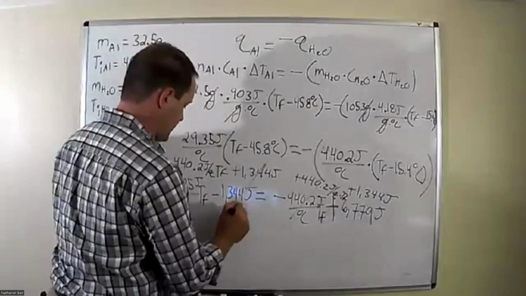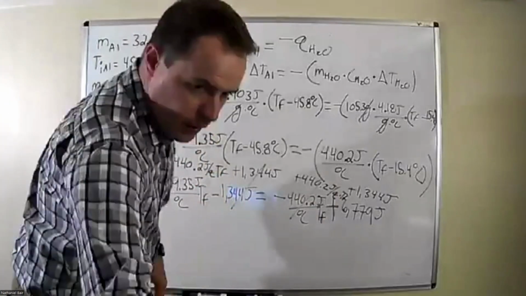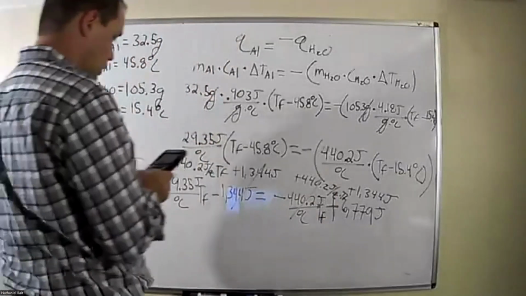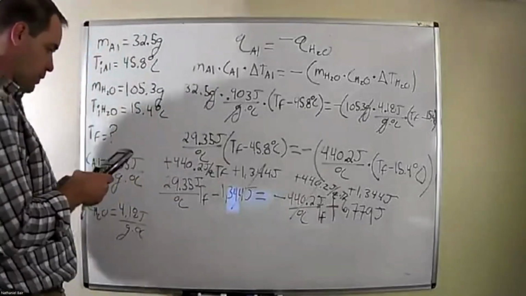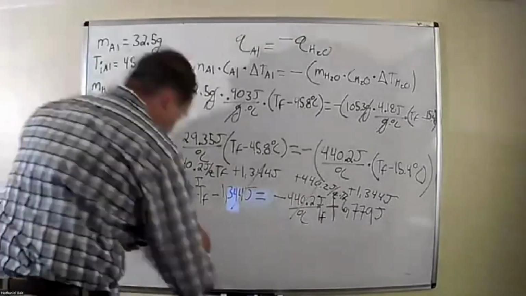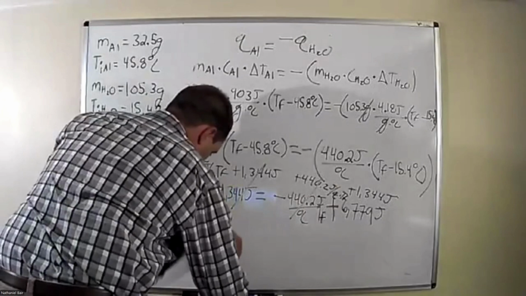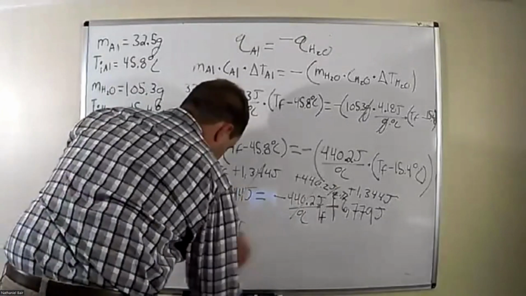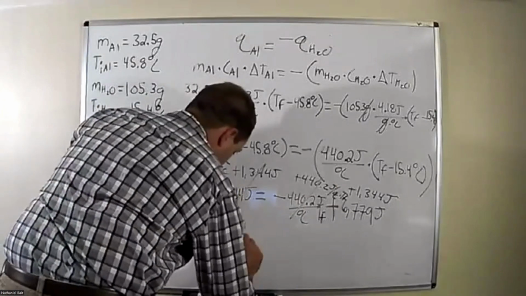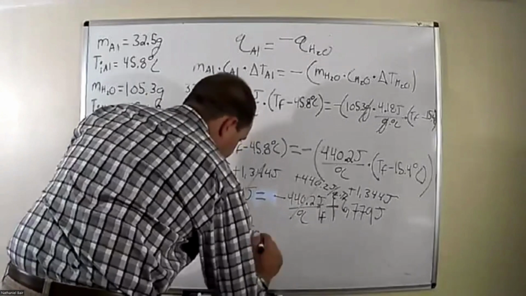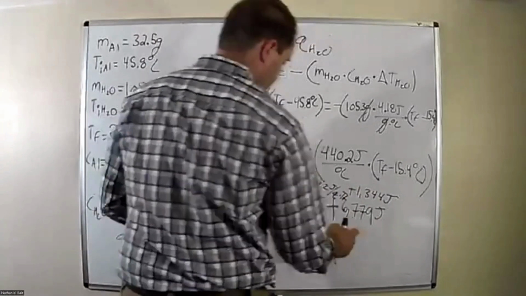That's going to cancel out. That's going to cancel out. We're going to get the sum of those two. So 440.2 plus 29.35, that's 469.55 joules per degree C times TF equals whatever that is.